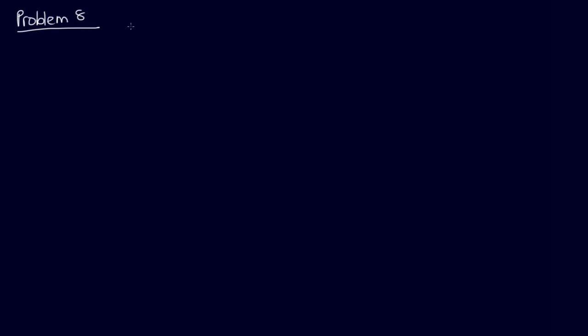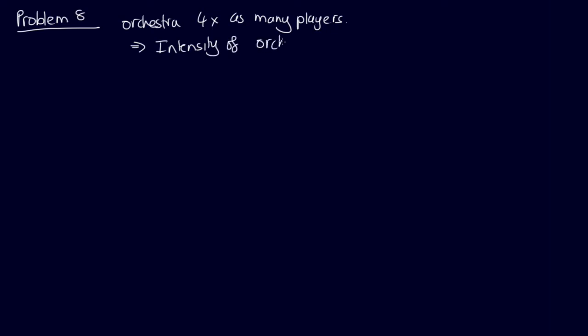So in this case, the orchestra has 4 times as many players, and so that tells us that the intensity of the orchestra will be 4 times the intensity of the string quartet.